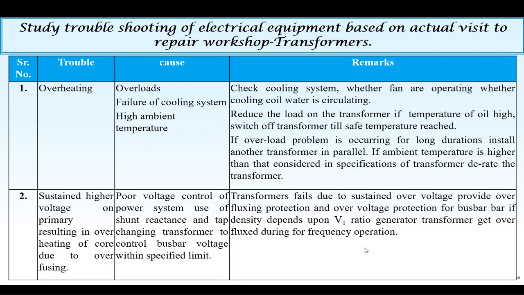The transformer fails due to sustained over voltage, which requires overfluxing protection and over voltage protection for busbar. Flux density depends upon V/f ratio. Generator transformers get overfluxed during low frequency operation.